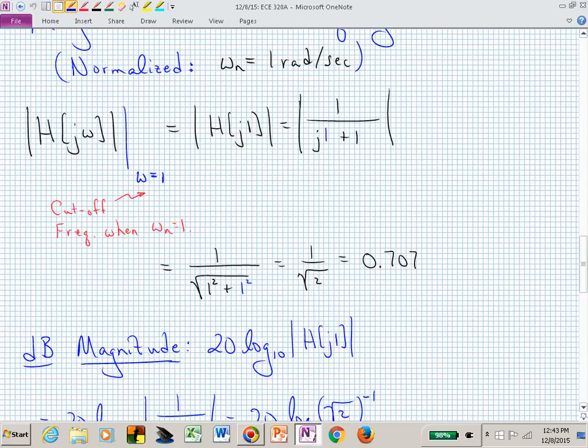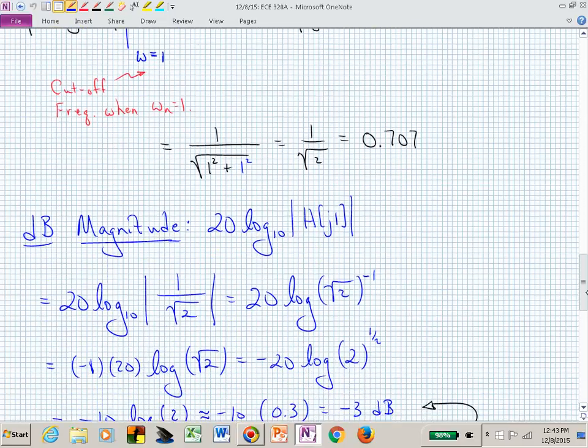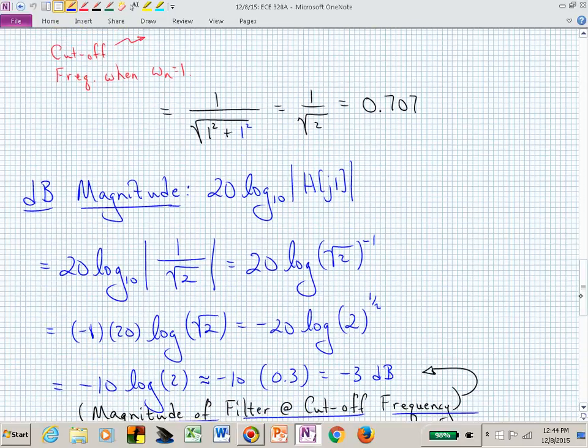In that case, if we go ahead and do that very, very lengthy, I'm doing it in as much detail as possible. A lot of times you'll just see, oh, that's minus 3 dB. I'm trying to explain where that minus 3 dB is coming from at the cutoff. We're taking 20 log of 1 over the square root of 2. Square root of 2 is in the denominator. That gives us a minus 1 as an exponent.